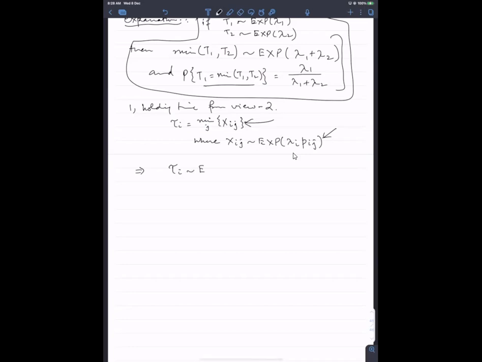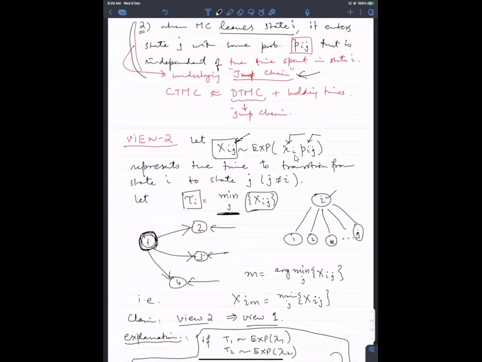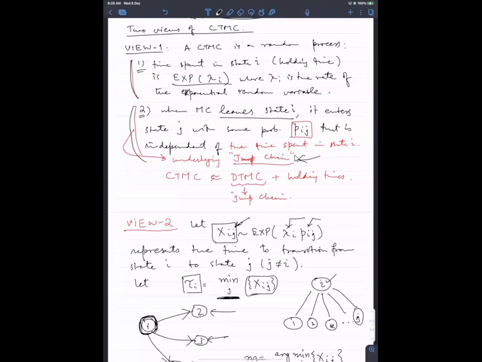So that means tau i would be an exponential with what parameter? Lambda 1 plus lambda 2. But यहाँ पे दो नहीं है, दो से ज्यादा भी हो सकते हैं. So you have summation over all j of lambda i pij. लेकिन व्यू 1 तो ये नहीं कहता था. व्यू 1 तो कहता था कि ये एक्सपोनेंशियल lambda i है.